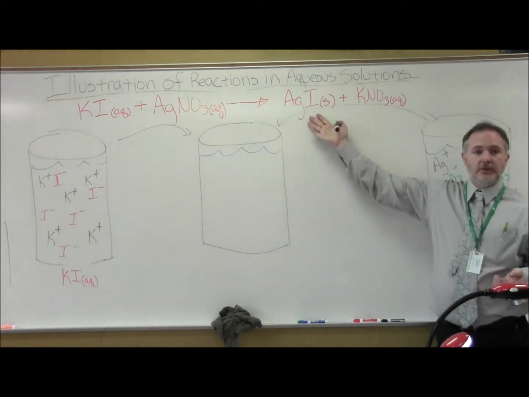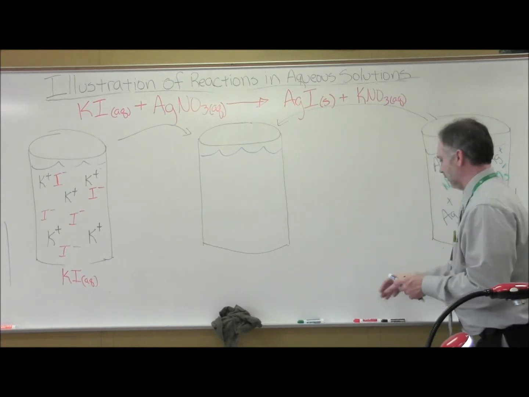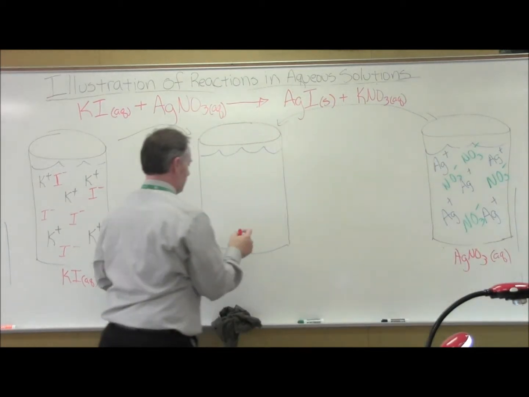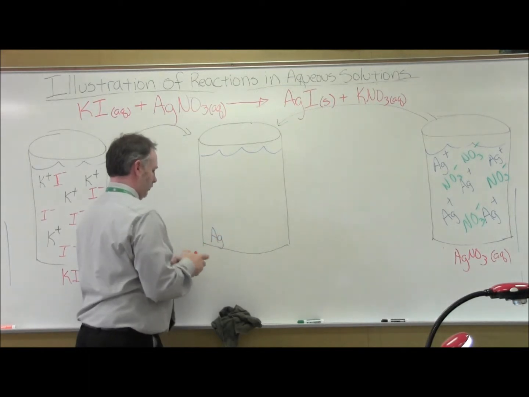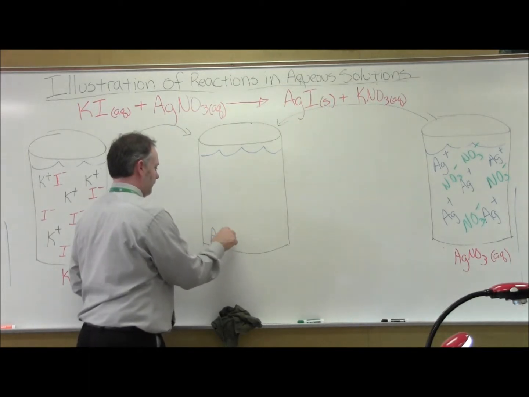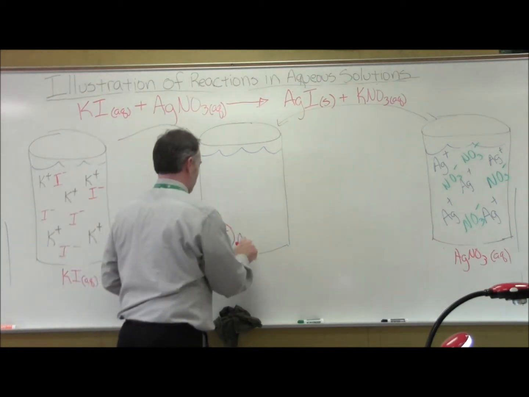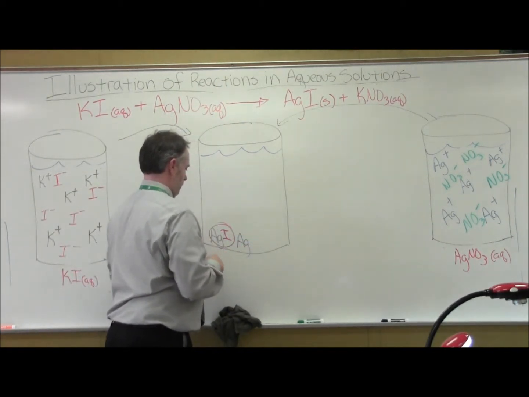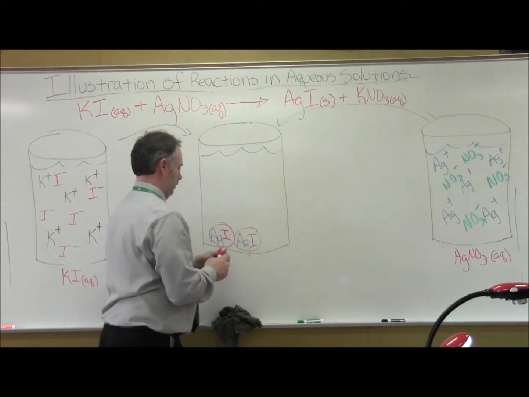Let's start here. Silver iodide, it's a solid. So silver was blue. I wish I had another color. What it does is it sunk to the bottom, so I'm going to show it at the bottom here, and I'm going to circle it because it stayed together as a compound.